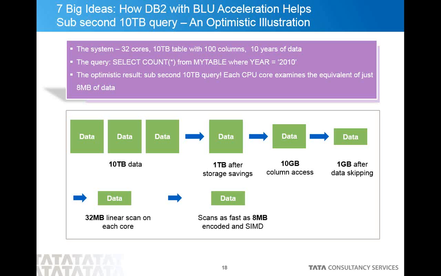So the intention of DB2 BLU is that it reduces the active workload. In this example, we can see that we started with 10 terabytes of data, and now the active workload has reduced to 8 MB after implementing compression, columnar technologies, data skipping, cross-core parallelism, and all the big ideas.